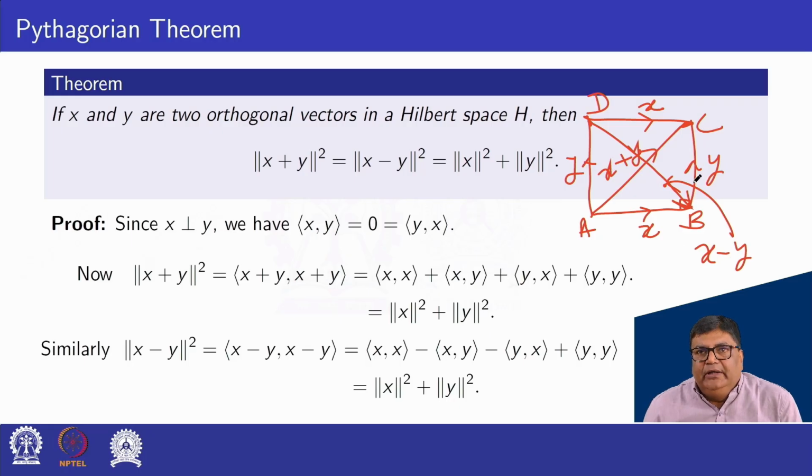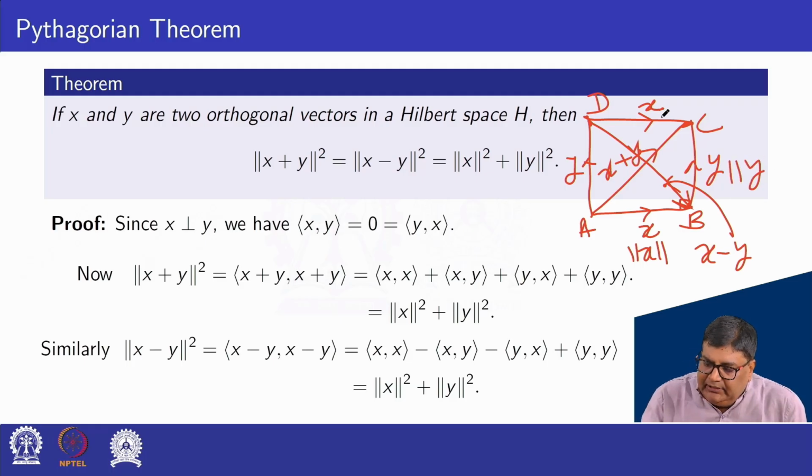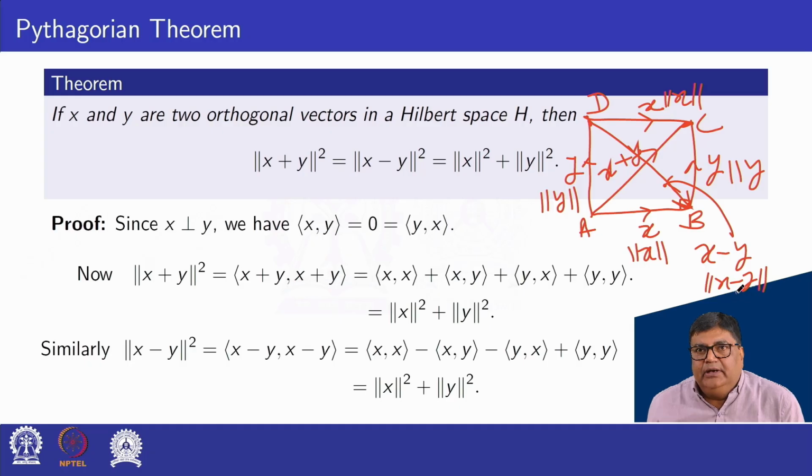The magnitude of AB is norm x, the magnitude of BC is norm y, and this is norm x and this is norm y. The diagonal BD is norm of x minus y, and this is norm of x plus y.